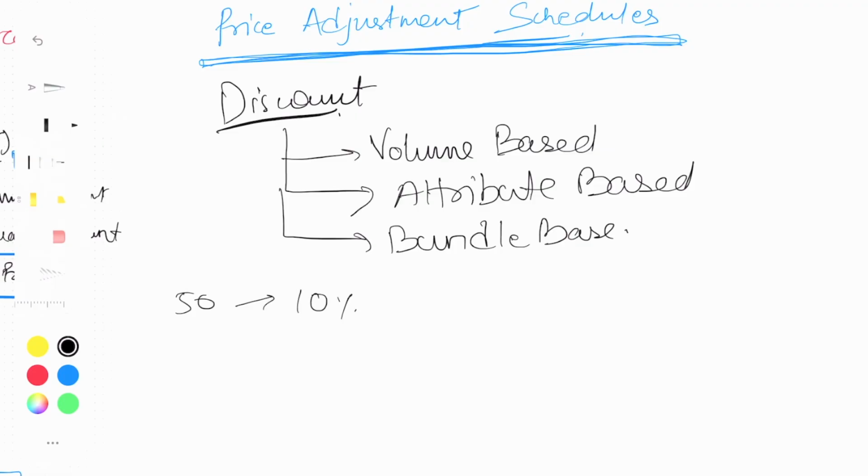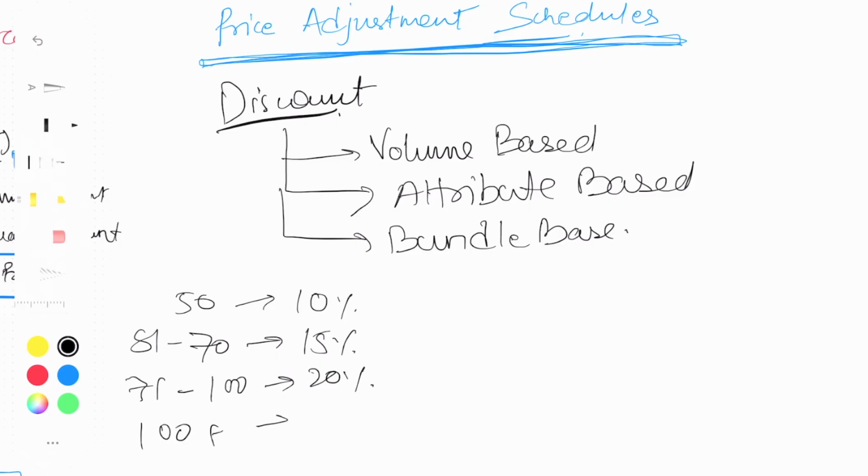If the user purchases 51 to 70 items, then give him 15% discount, and 71 to 100, then 20% discount, and 100 plus, 25% discount. So based on the quantity, if you are giving discounts, that discount is known as a volume based discount.